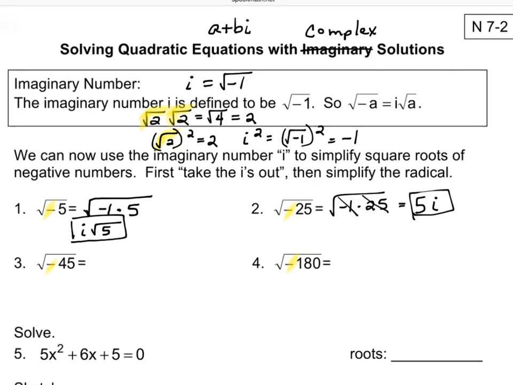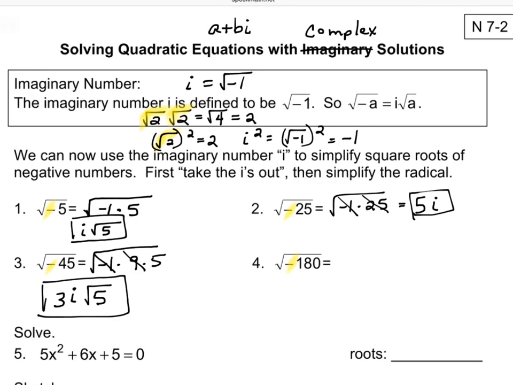The square root of -45, again, let's break that down. That's -1 times 9 times 5. The square root of 9 is 3, so that comes out front. The square root of -1 is i, and usually you put your number first and then the i. I can't take the square root of 5, so it stays under the radical. And so that's the square root of -45.